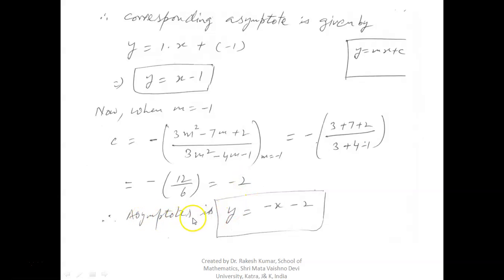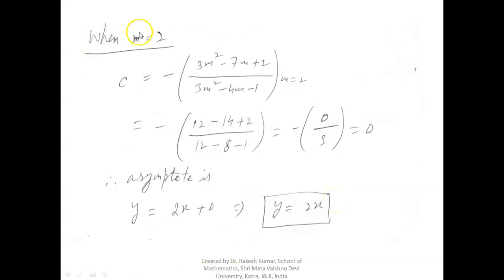So the asymptote is y equal to minus x minus 2. Similarly, when m is equal to 2, in the same expression put the value of m as 2, and I get this value as 0. Therefore y equal to 2x plus 0, that is y equal to 2x. So these are all the three asymptotes to this curve.